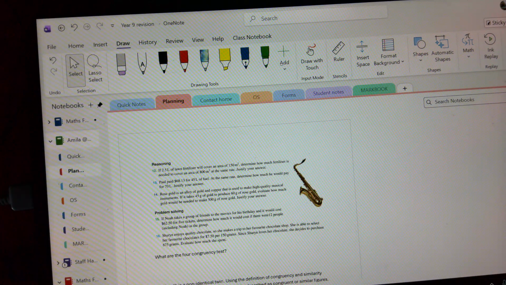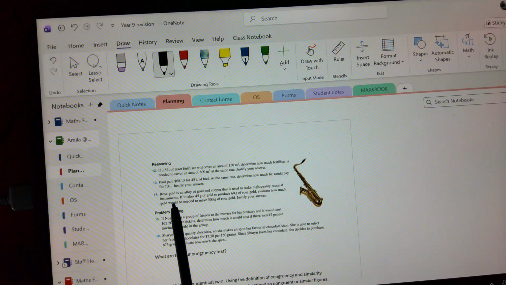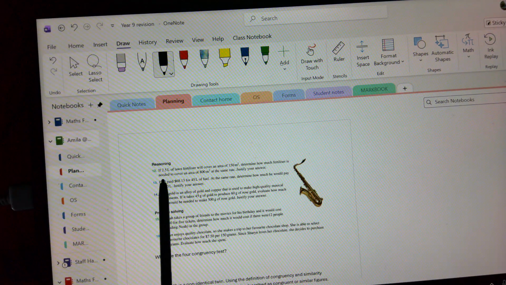The way I'm looking at it is every 150 meters squared I need 2.5 liters. So the more area I have, the more fertilizer I need.